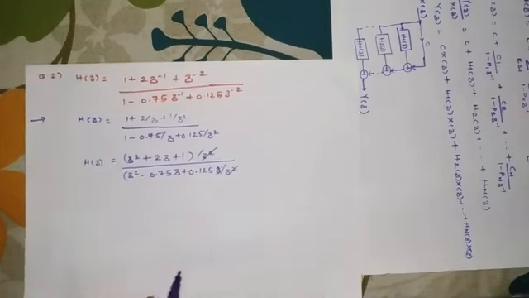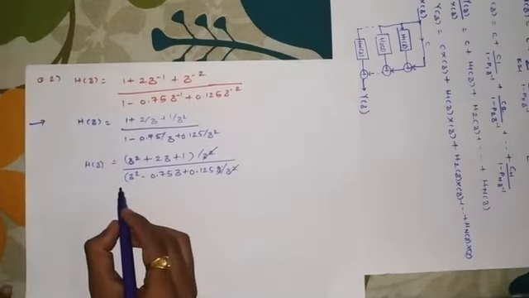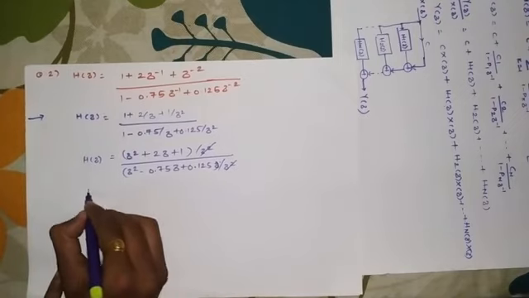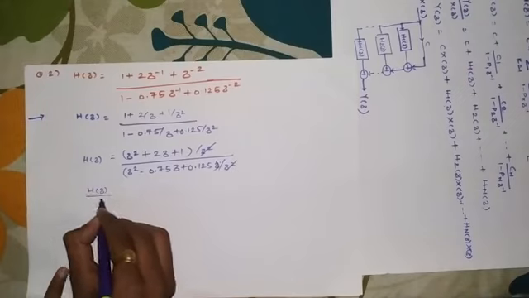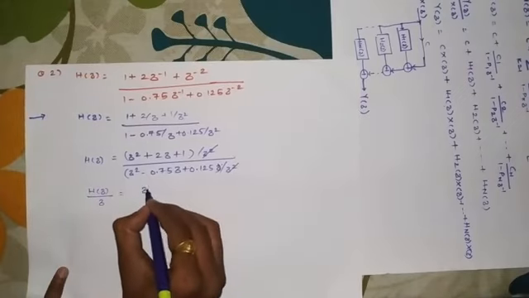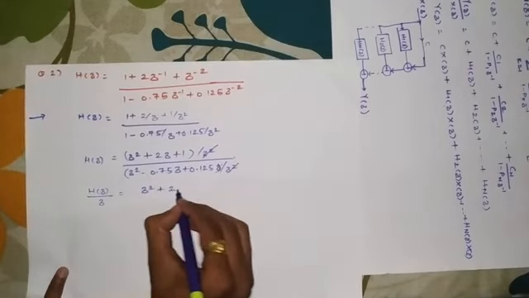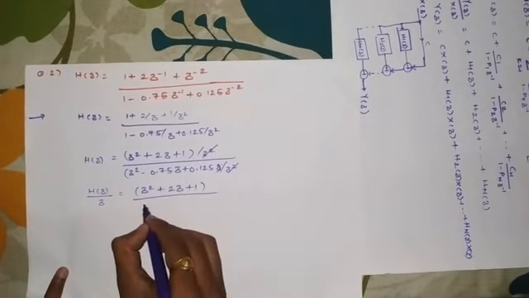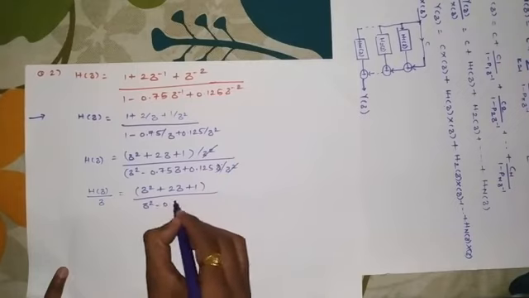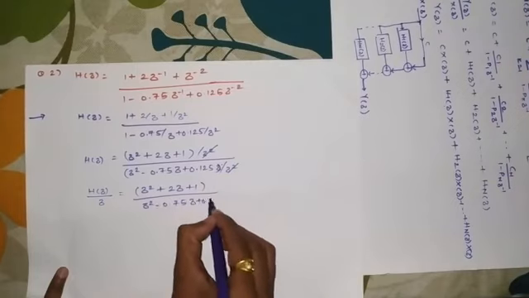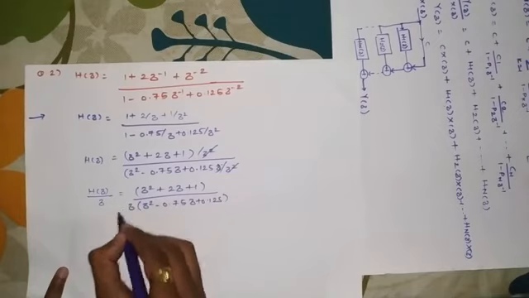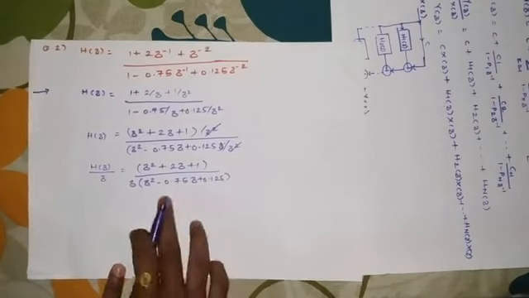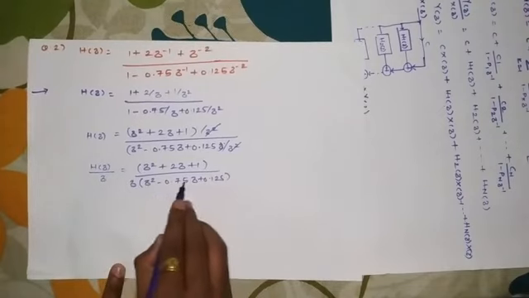Now we'll follow the same method that we have seen in the previous example. To apply partial fraction expansion, we'll divide both the sides by z. H of z by z is equal to z square plus 2z plus 1 divided by z square minus 0.75z plus 0.125, multiplied with z because we are dividing both the sides by z. Now we'll try to factorize the denominator term because it is in the form of ax square plus bx plus c.